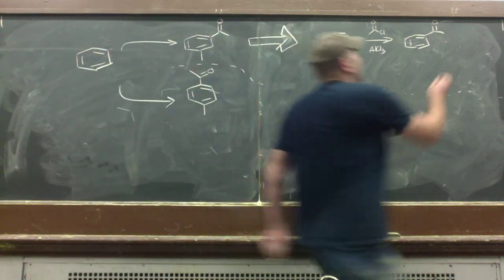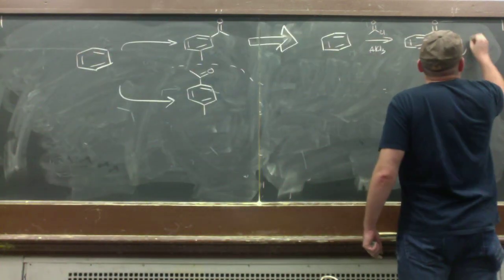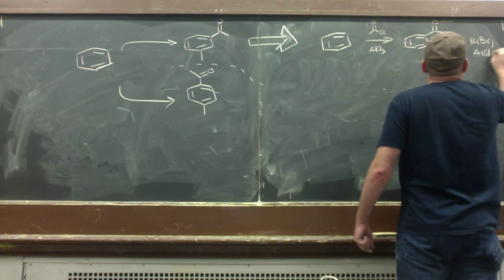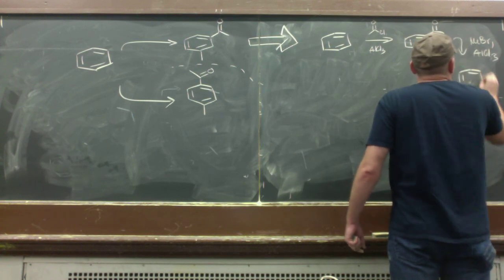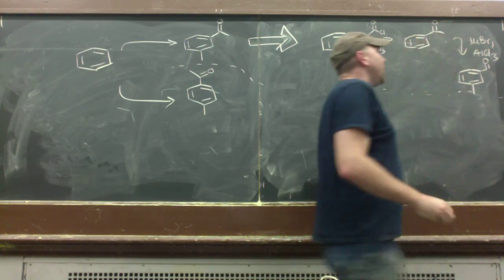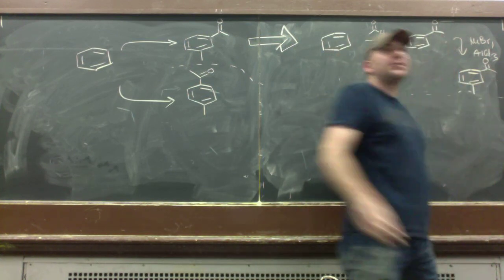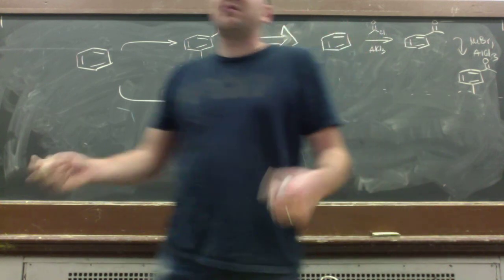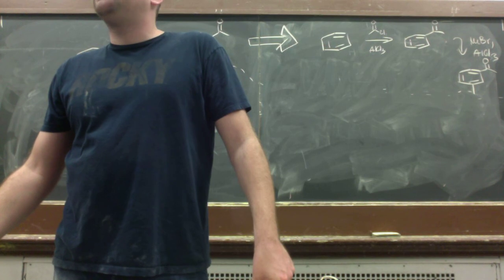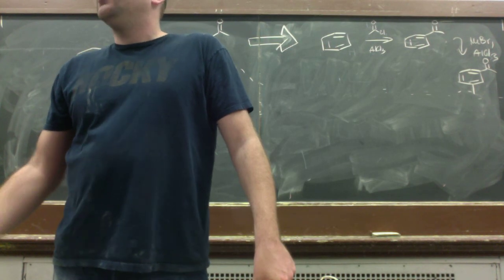So we would do basically the same thing. You would do MeBr and let's say AlCl3. And what we'll get is this position here. It's possible we might get over-alkylation, but in aromatic chemistry, we'll try to give this the one, okay?